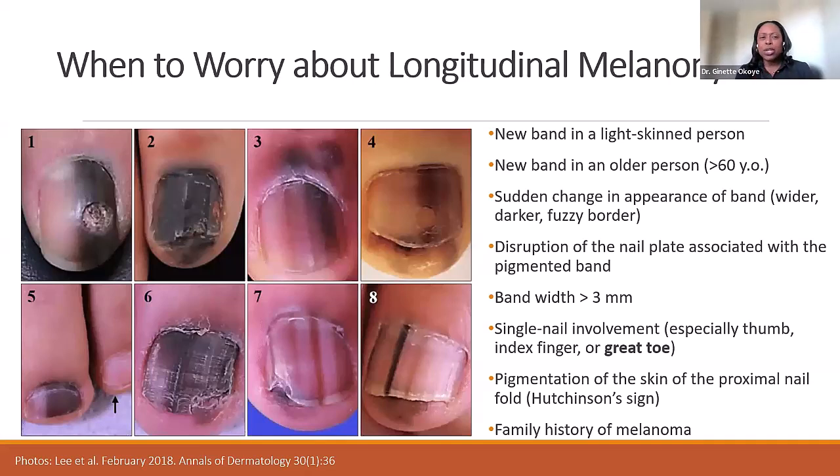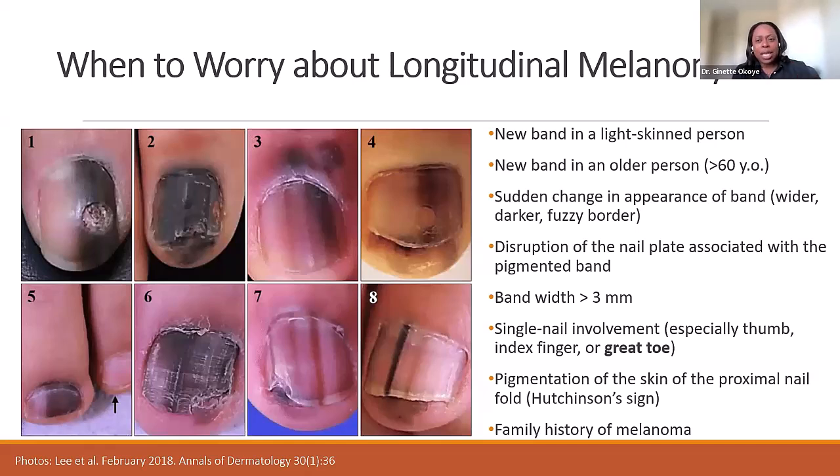If they get a brand new band on their nail, I would start looking at that pretty carefully, especially if they're over the age of 40. Because you can get new moles on your body until the age of 40, and we don't blink an eye. So you can get a new mole in your nail matrix. But after 40, you shouldn't be making new moles on your body or your nails, and definitely not after 60.